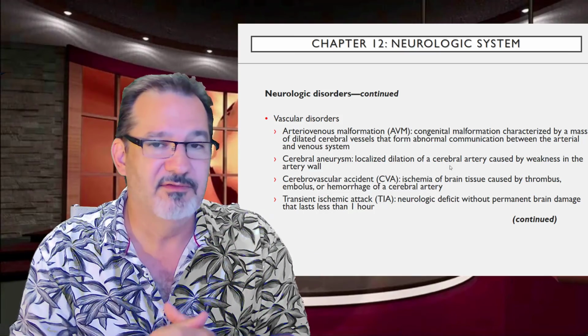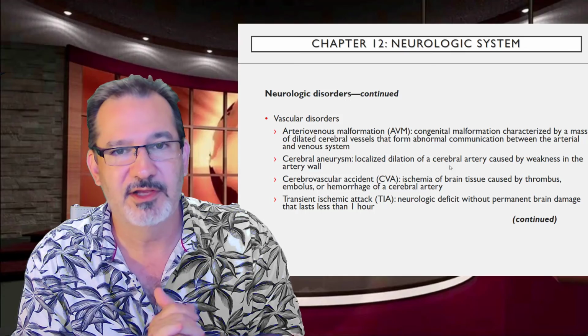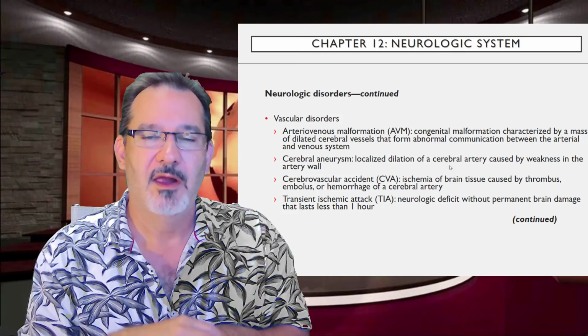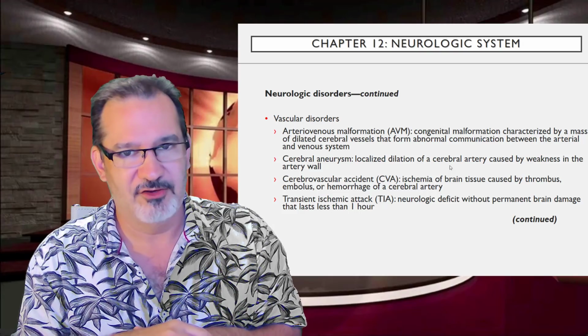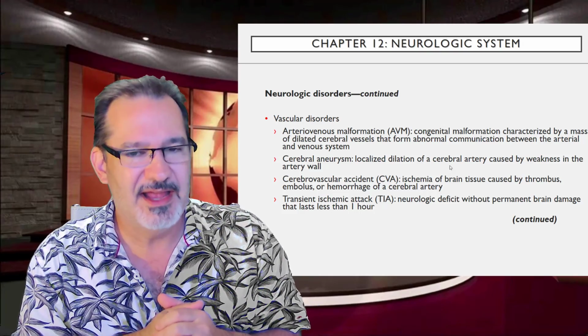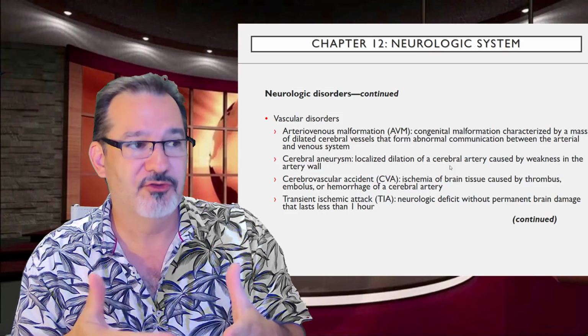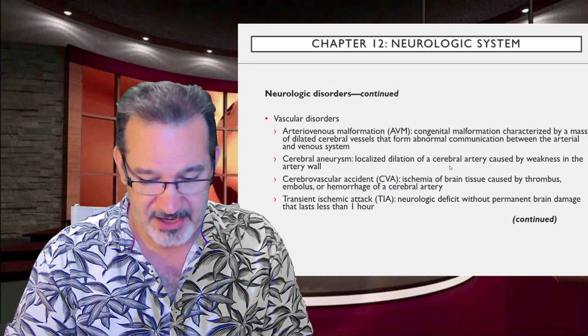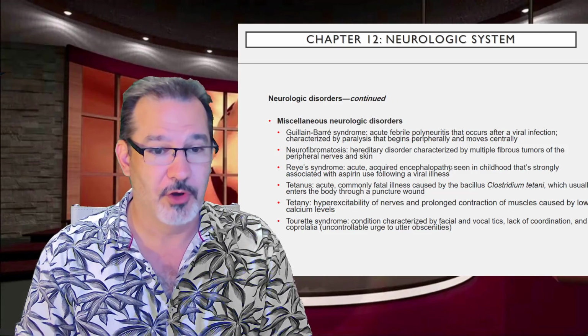We live in Southern California in a fairly earthquake heavy activity zone, right? And sometimes we have foreshocks before a major earthquake. A TIA can be construed as a foreshock to a CVA, or a major stroke.